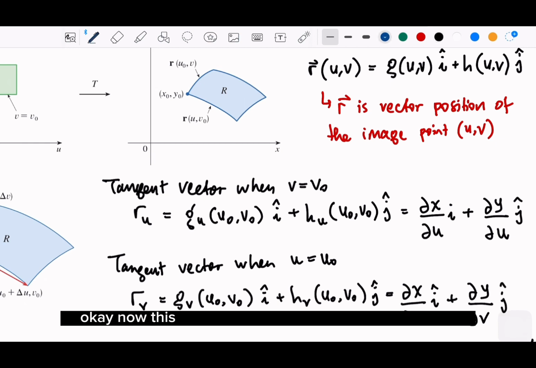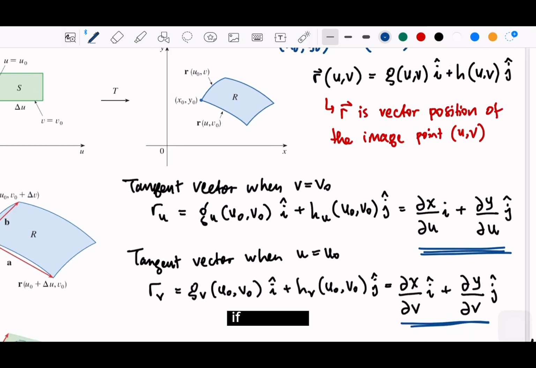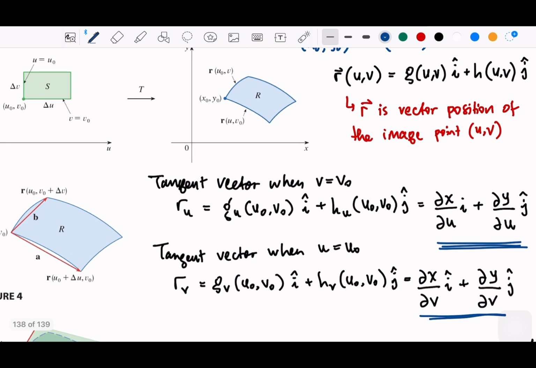Now these equations, the tangent vector equations, if we look at what it looks like here: when v0 is constant, this is the tangent. When u is a constant, this is the tangent.